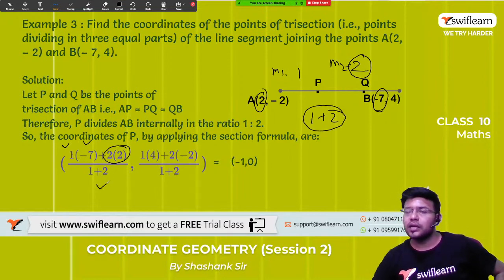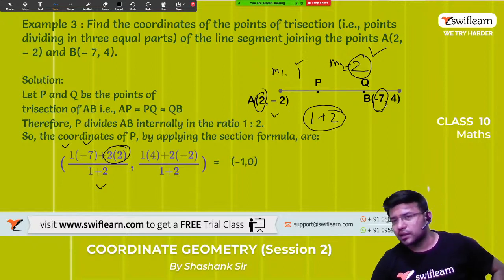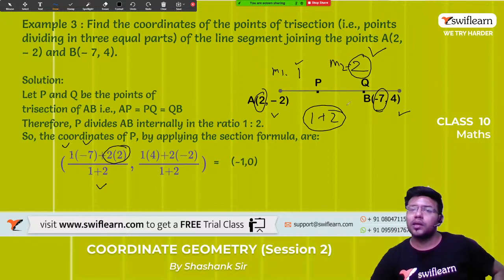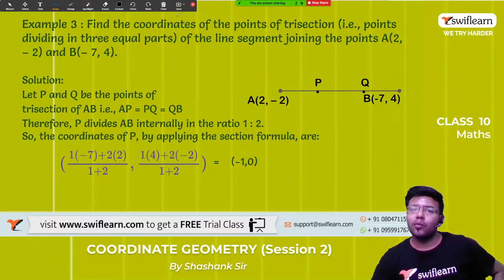Okay, इधर लिख दो. Similarly, y coordinate M2 y1 plus M1 y2, उल्टा भी लिख सकते हैं, no worries. Okay, divided by M1 plus M2. Okay, so what are we gonna get? We are gonna get coordinates of point P. This is x coordinate, this is y coordinate.